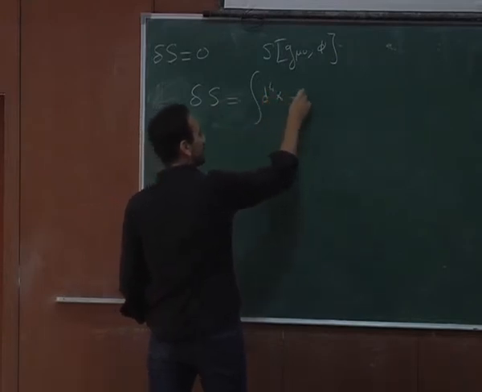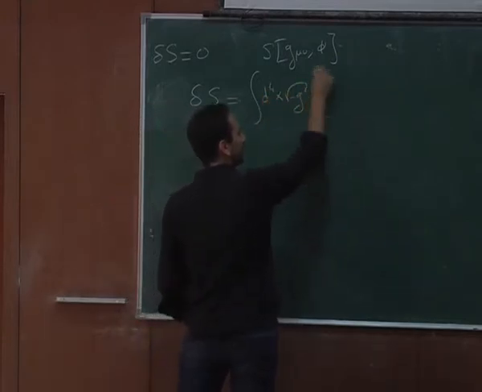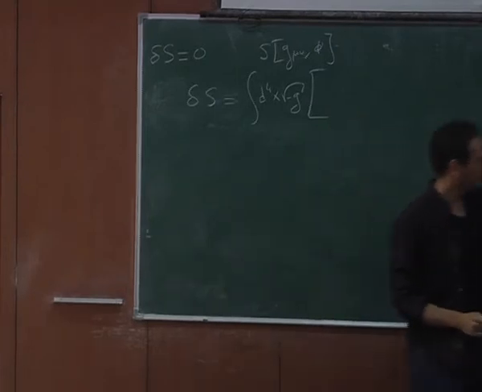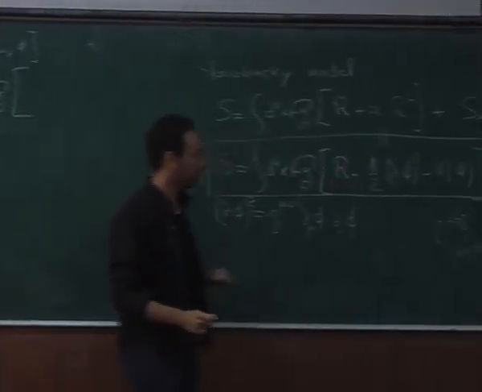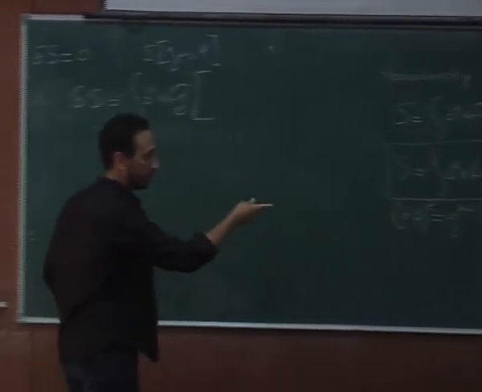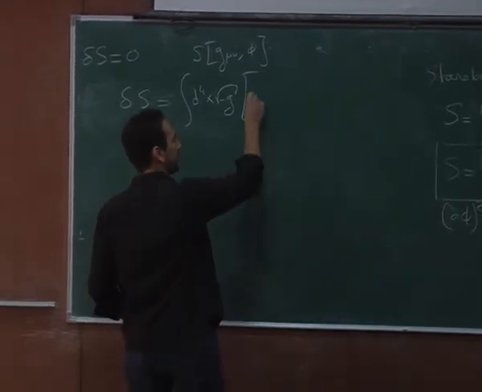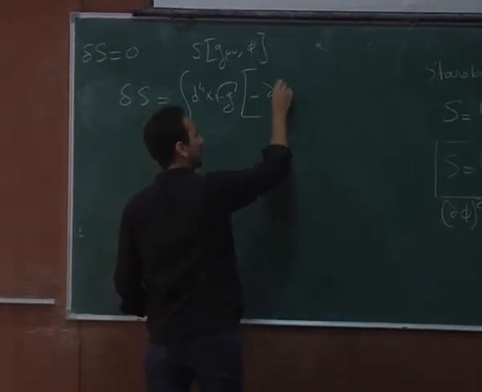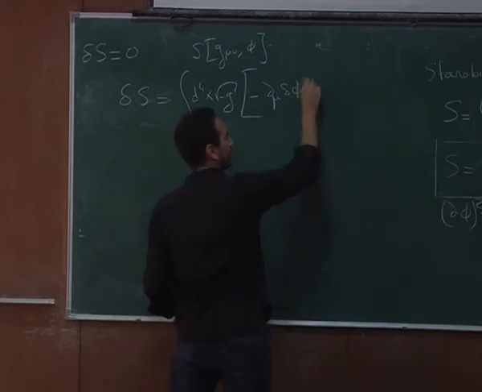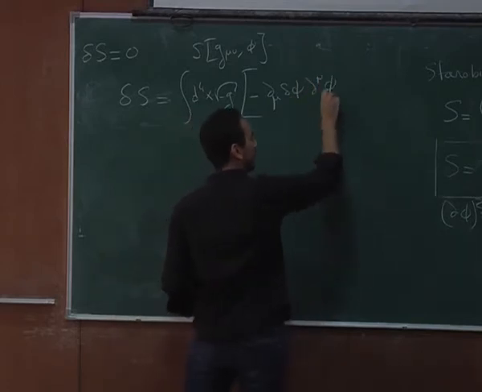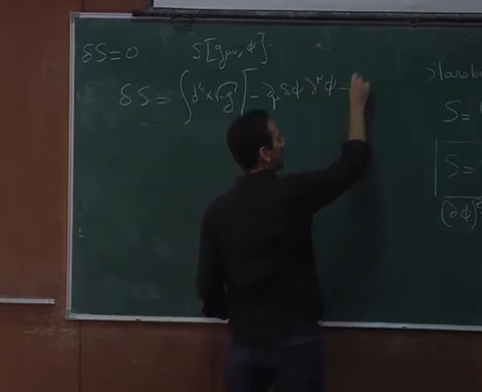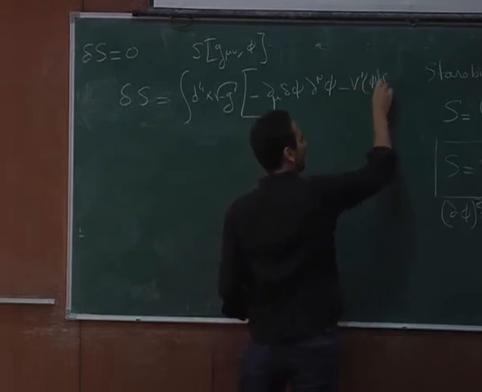so I'm getting something like that. The curvature scalar here does not depend on the scalar field, so its variation is 0. The other one is squared, so it gives minus ∂_μ δφ ∂^μ φ minus V'(φ) δφ.